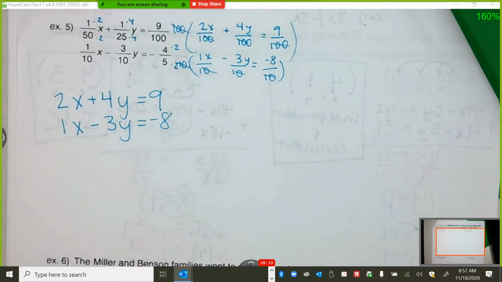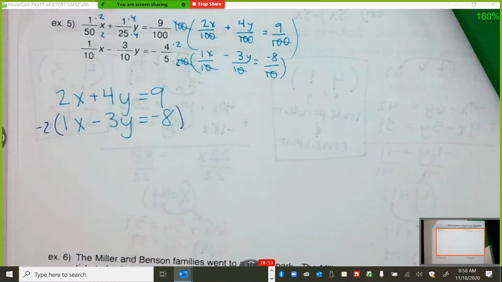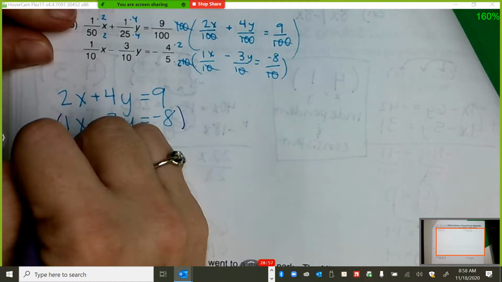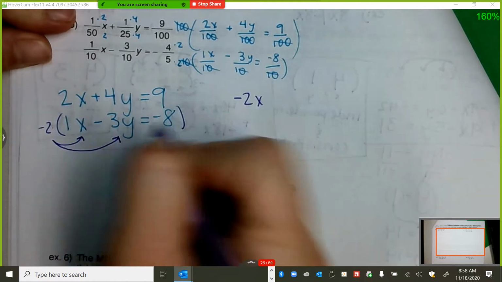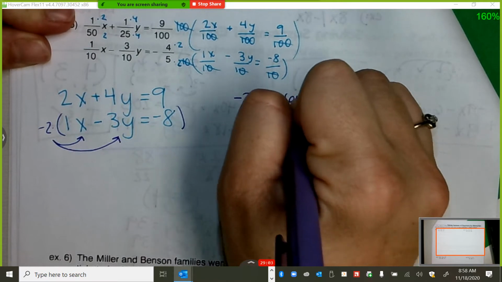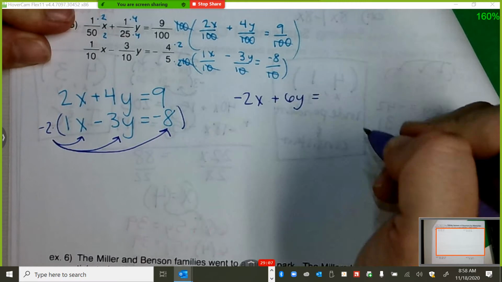So what do we want to eliminate? We need to make a zero pair. X's, why? What kind of 2? Negative 2. Because remember, one has to be positive and one has to be negative. So this becomes negative 2x plus 6y, remember we're multiplying, equals positive 16.